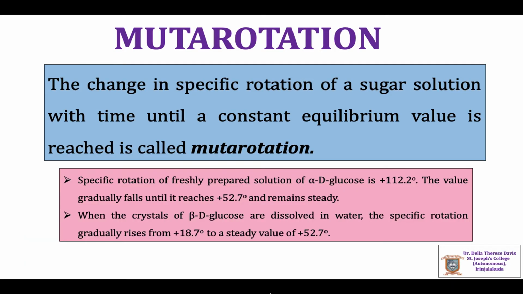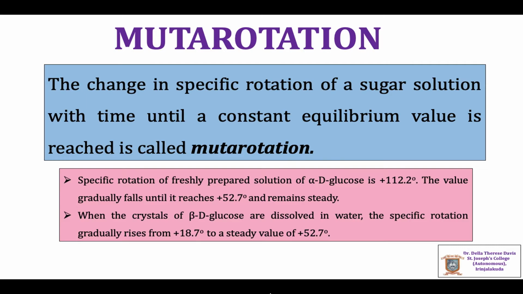Next is mutarotation. The change in specific rotation of a sugar solution with time until a constant equilibrium value is reached is called mutarotation. The specific rotation of freshly prepared solution of alpha D-glucose is plus 112.2 degree. This value gradually falls until it reaches plus 52.7 and remains steady.